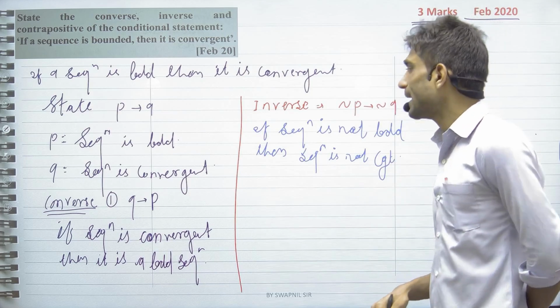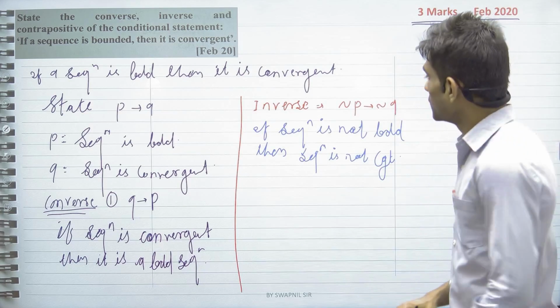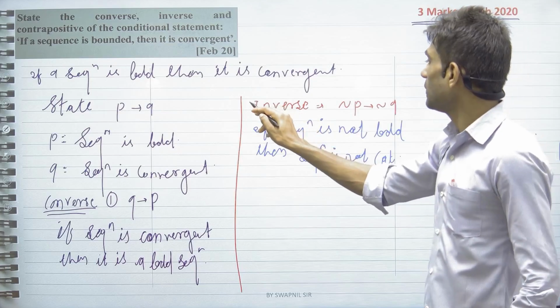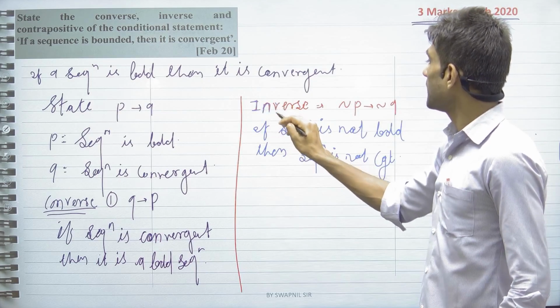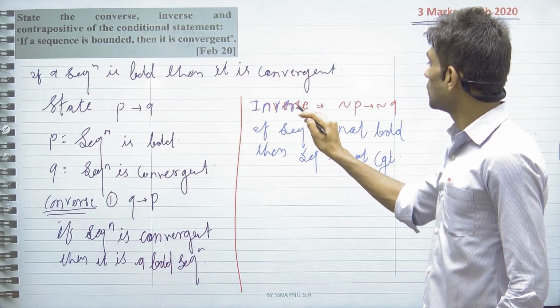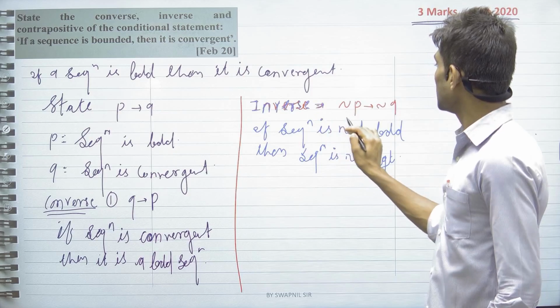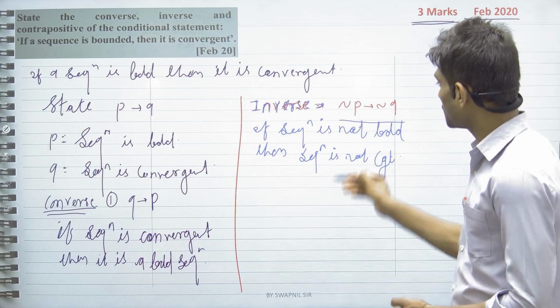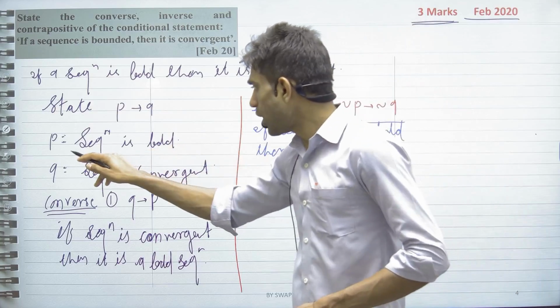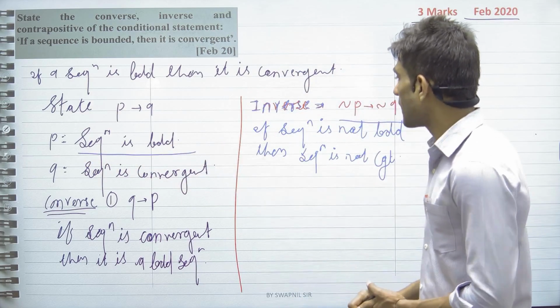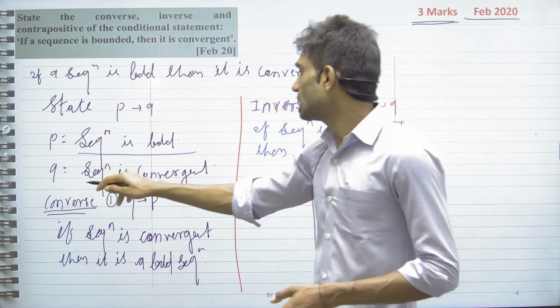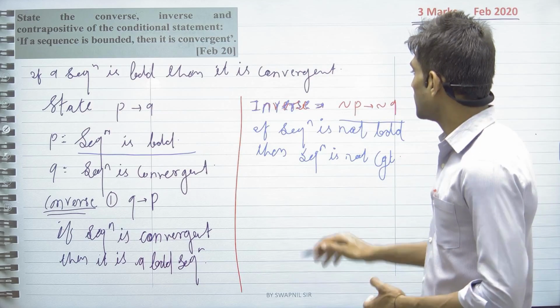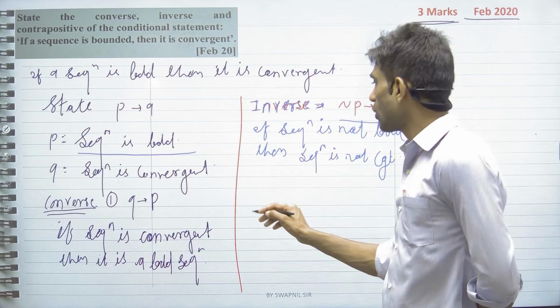Okay, CGT is written in short form. So inverse says that when we have statement P implies Q, then its inverse says that negation of P implies negation of Q. So substitute the values. If not P, that means sequence is not bounded, then sequence is not convergent. This is the inverse. Now let's go for the contrapositive.